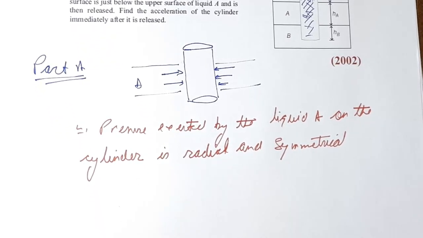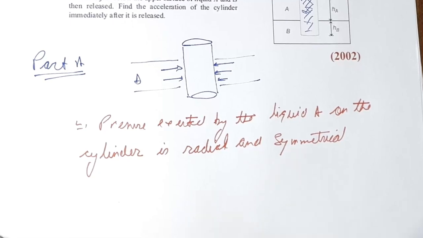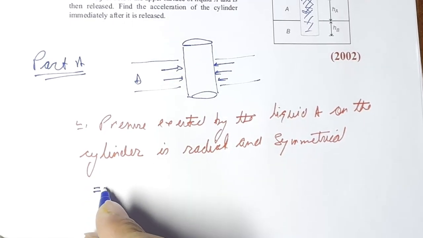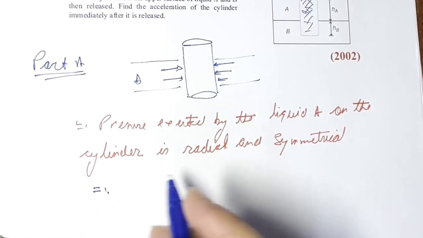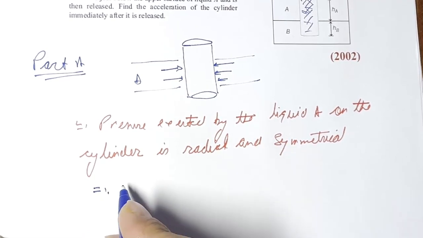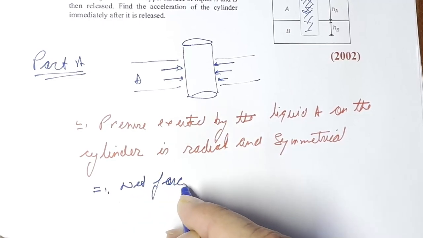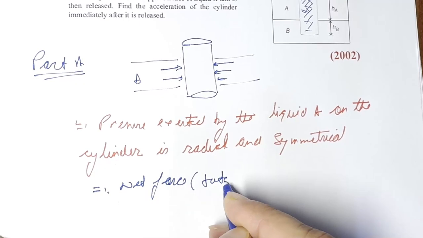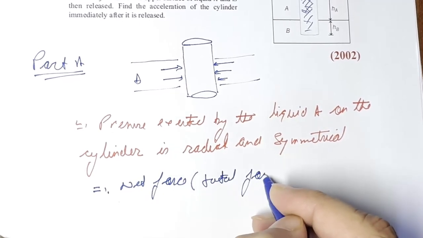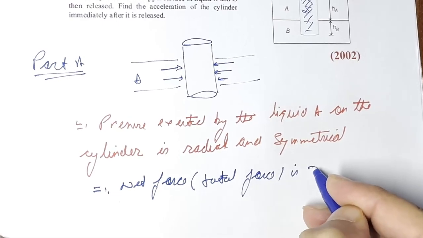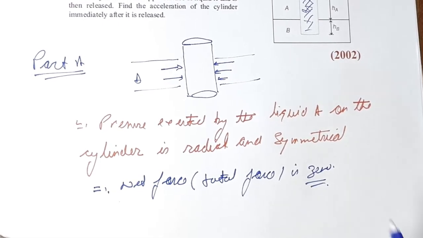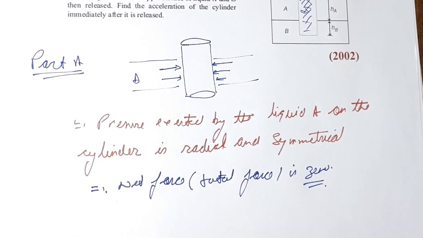So therefore the net force, which is nothing but the total force, is 0. So part A was quite simple.